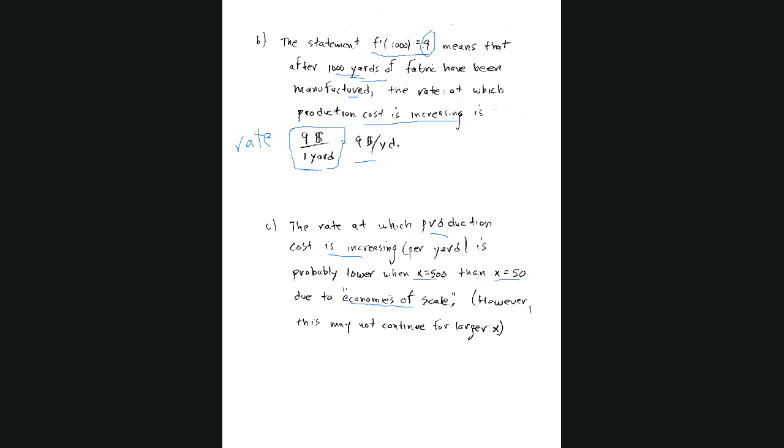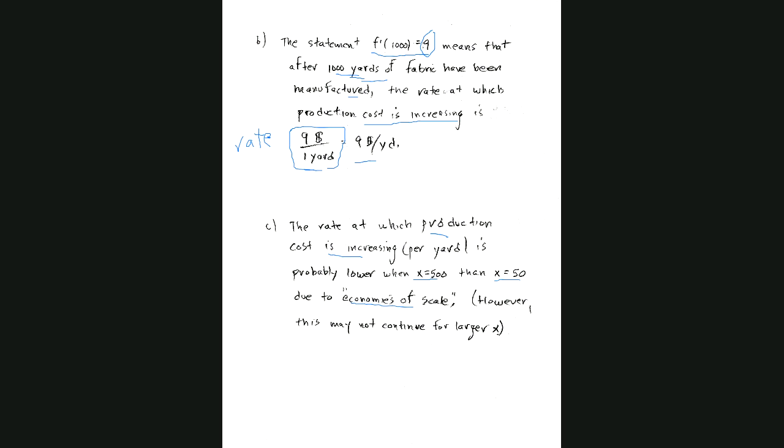So probably the rate of production costs would be lower when x equals 500. Maybe at 500 units, the cost is maybe $10 per yard, but to produce 50 units is maybe $15 per yard. And it just has to do with efficiency.